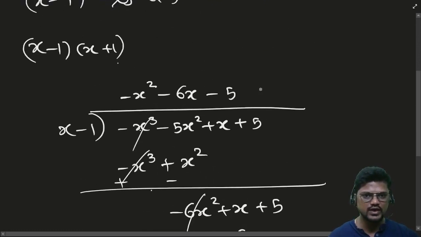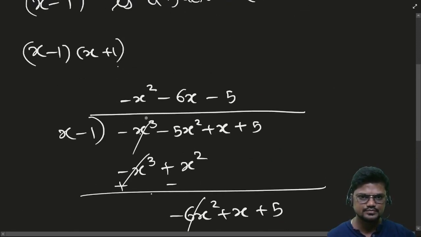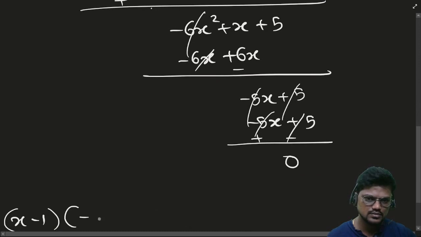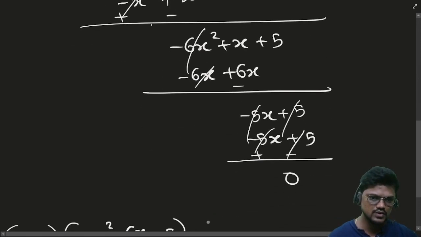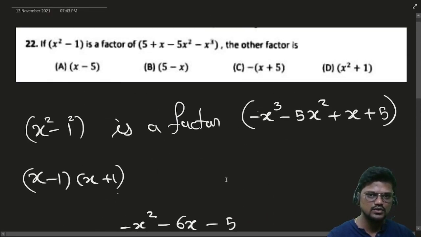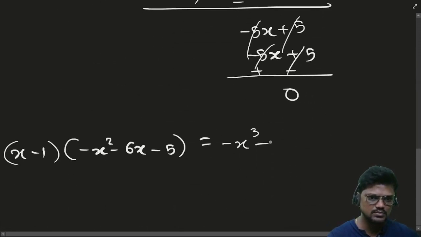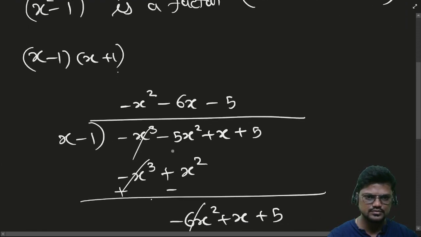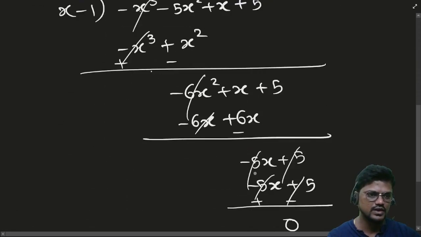So what you get? The other factor is the quotient. That means x minus 1 into minus x square minus 6x minus 5 will be equal to whatever value you have over here, that is minus x cube minus 5x square plus x plus 5.